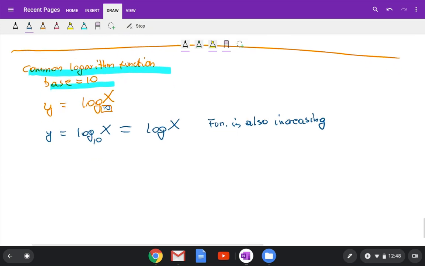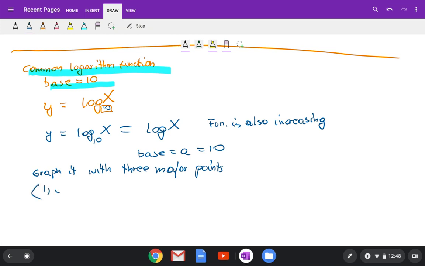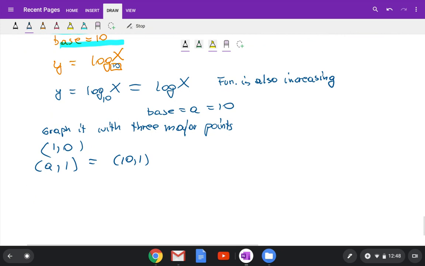Since the base is equal to 10, you're going to graph this with 3 major points: (1, 0), (base, 1), which in our case is (10, 1), and (1 over base, negative 1), which in our case is (1 over 10, negative 1).